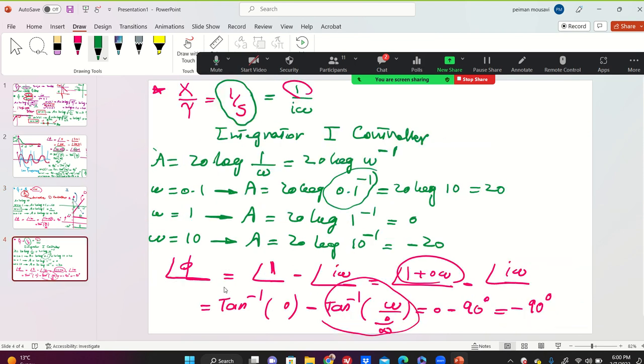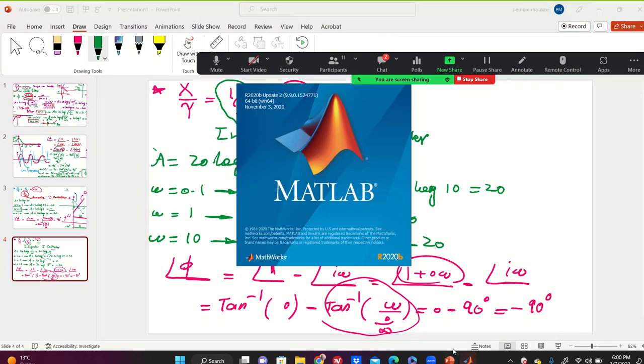Until it comes up, you can write down this.